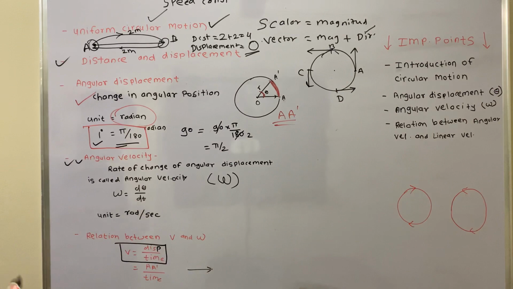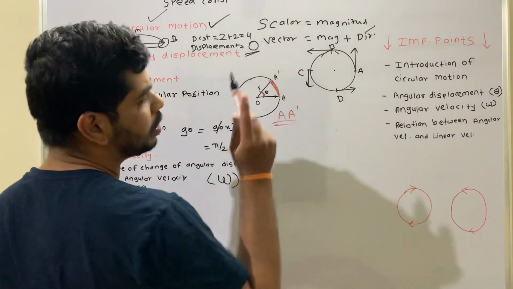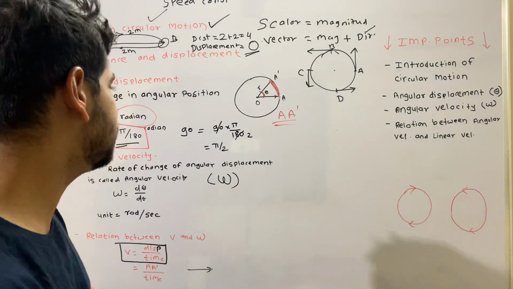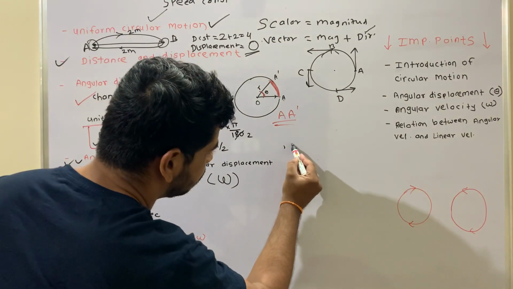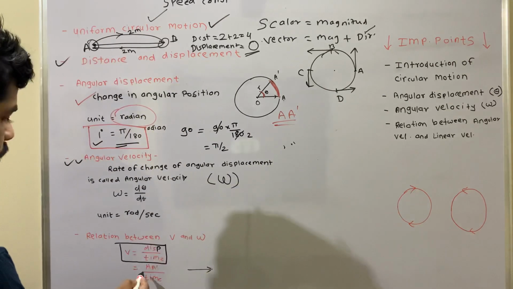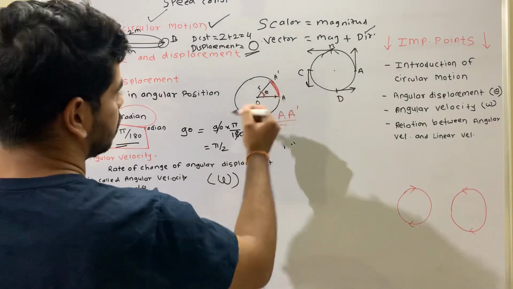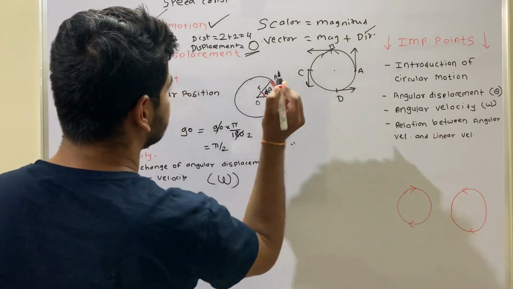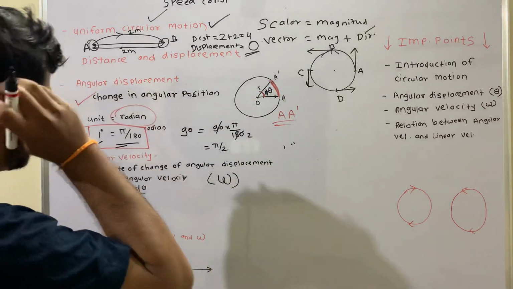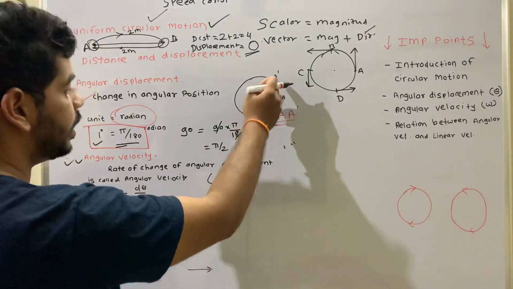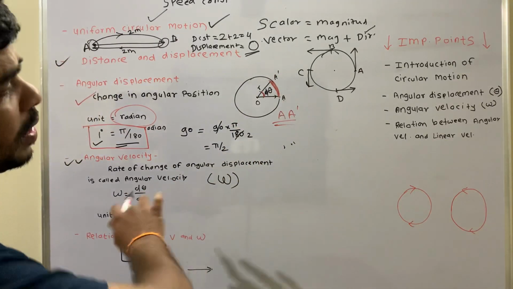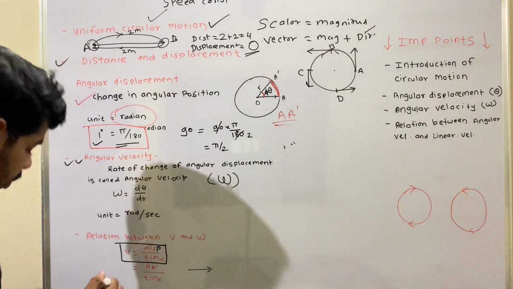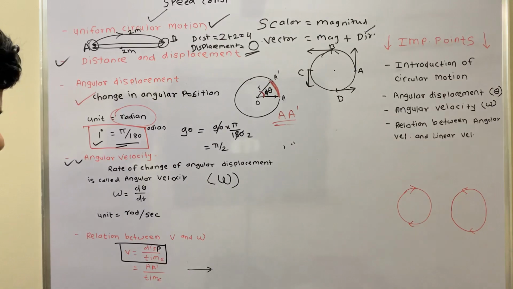For a small change we can consider it as very small, linear. So for a small change, I write d theta because it is small. A dash is the small displacement, so I am writing A dash upon time. So this is about the linear velocity.